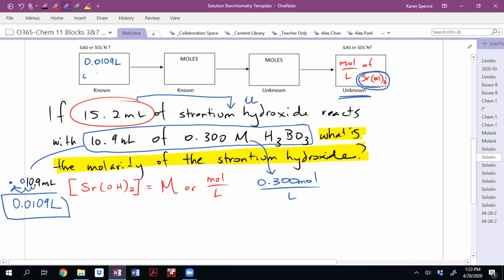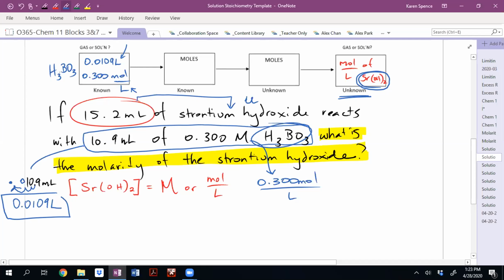That's nice because you can see that if we have liters and moles per liter, we will be able to find the moles. The substance there is the H3BO3, so I'm going to write that here.